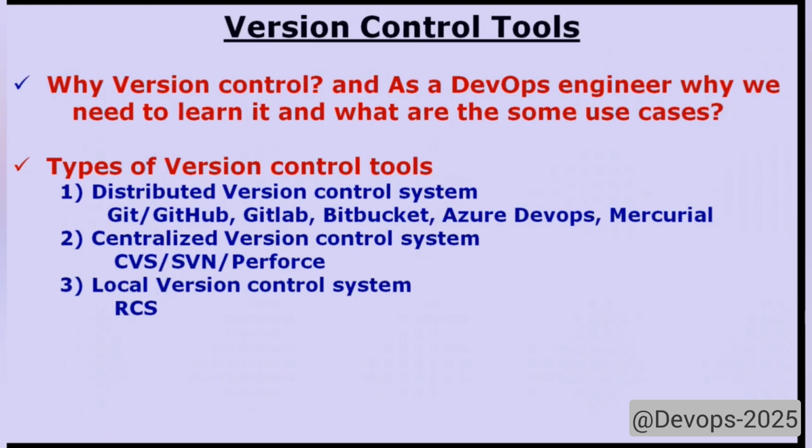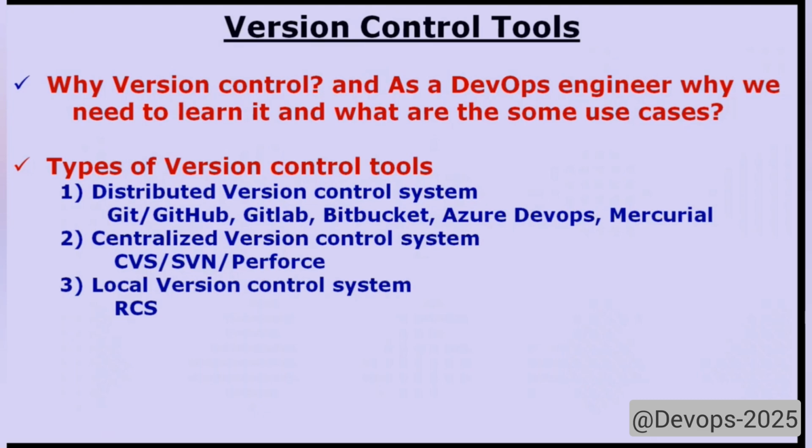All have moved to the centralized version control system. So you need to understand at a high level, local version control system means only one server is available. From that server only we maintain the repository, do the development, commit the changes, and maintain everything on a single server.